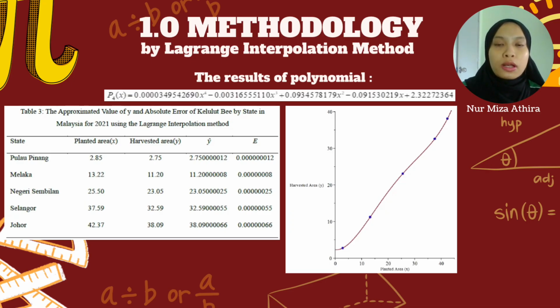Hence, Lagrange interpolation method is used to calculate the absolute error. It gives more accurate approximation. From table 3, Johor has the highest absolute error with 6.6 times 10 to the power of negative 7, while Pulau Pinang has the lowest absolute error with 1.2 times 10 to the power of negative 8.